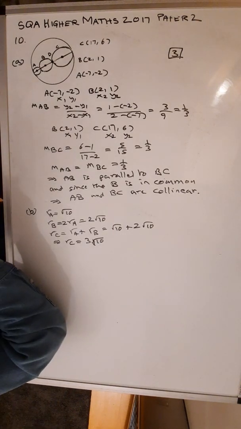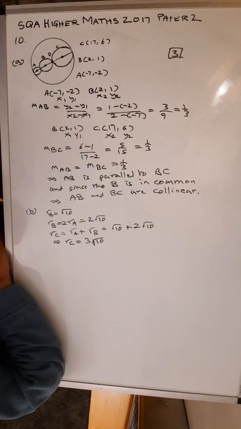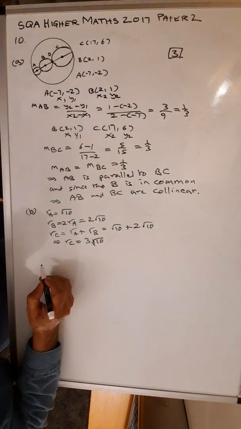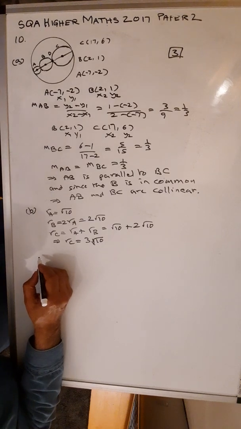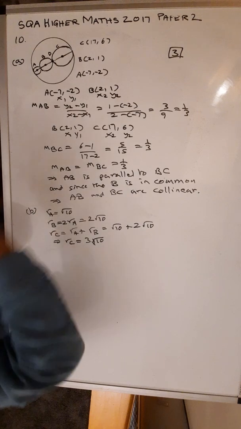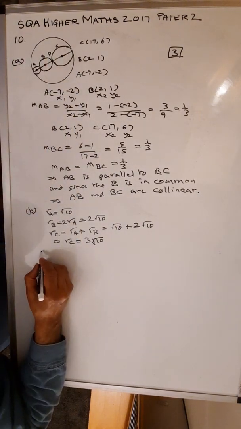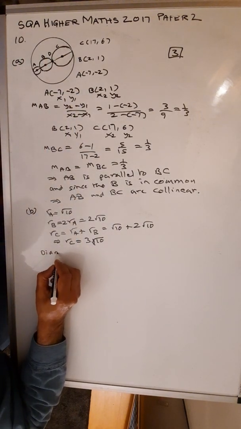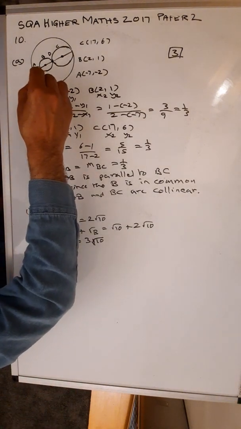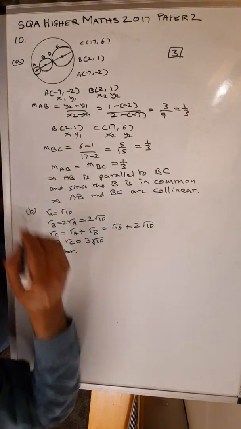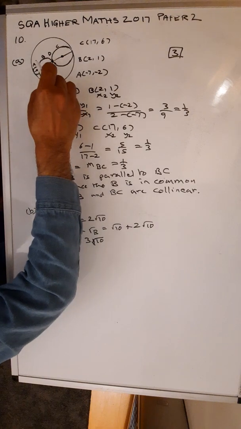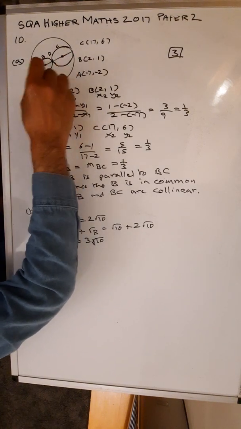Okay, now you're being asked to determine the equation of the circle with center D. This is center D there. The diameter there is going to be, this is root 10, another root 10, 2 root 10, 2 root 10, and then 3 root 10, 3 root 10.